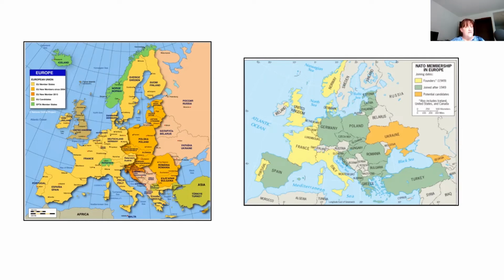They also have to have a functioning market economy, the capacity to cope with competition between the same markets within the European Union. And they have to be able to take on the obligations that come with membership, and they have to stay within the political, economic, and monetary factors that are part of the European Union's government.